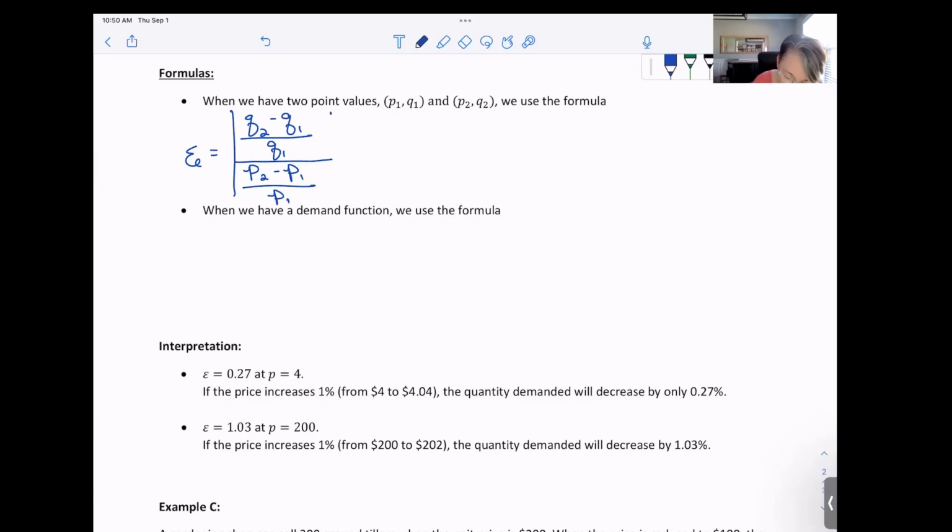To clarify, that is the new minus the old over the old, divided by the new minus the old over the old, or original. You can say original instead of old if you want.